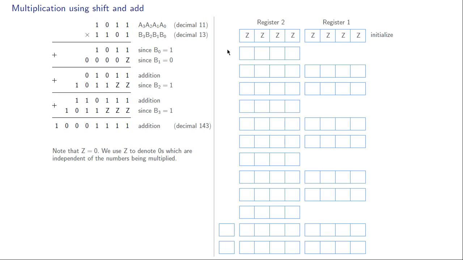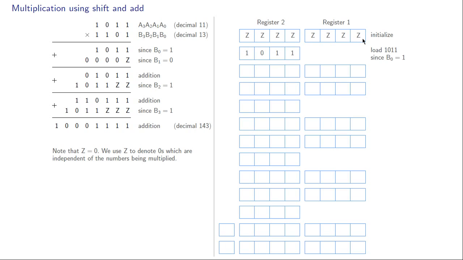Let us see how this method can be implemented. We start with two 4-bit registers, register 2 and register 1. This is going to be our LSB, that is going to be our MSB, and we initialize both these registers with all zeros.